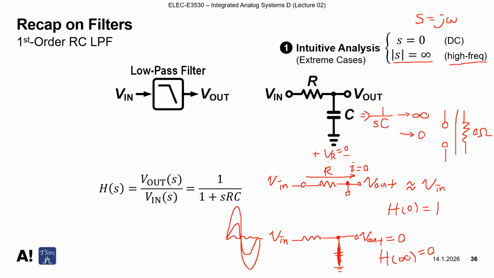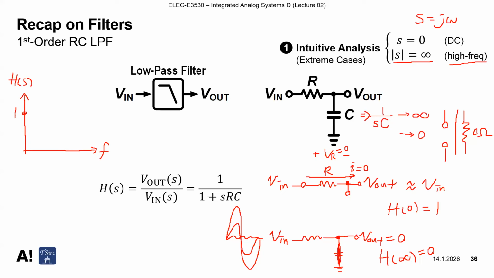We can also analyze this by plugging S magnitude going to infinity. Then it goes to just 1 over infinity, which goes to 0. So thinking of this relationship, let's take a frequency axis and H(S). For the DC, we have 1.